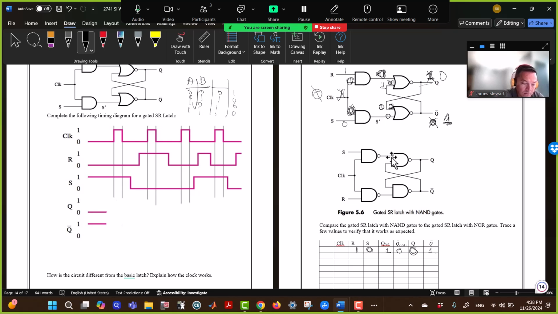So now let's change the clock back to 1, and let's change R to 0 and S to 1.